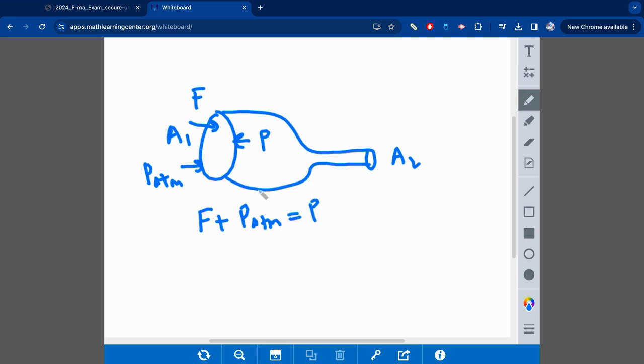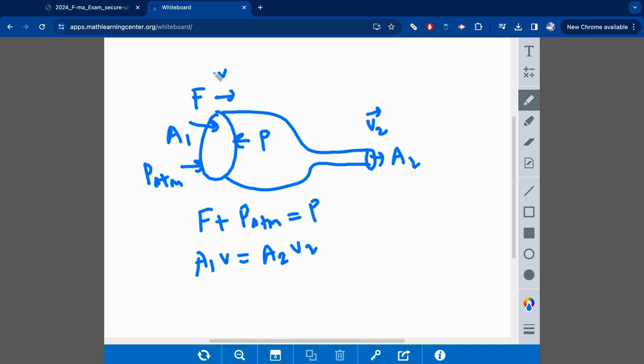Okay. And what we also know is that since this end is moving at v, that means A1 times v must be equal to A2 times the rate at which water is basically shooting out of the needle's tip. We can say that's v2. So A1v equals A2v2.